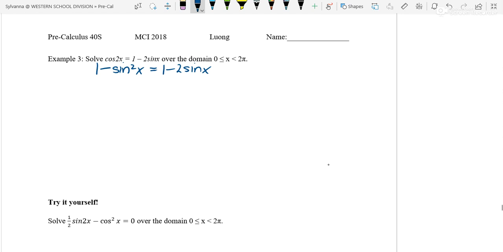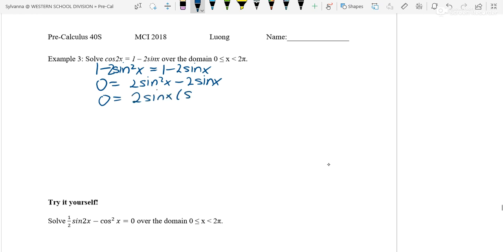Well, this is something I know how to solve from before. I'm going to move everything to one side, equal to 0, and then I will factor it. So this is the same thing as 0 is equal to, I think there's supposed to be a 2 at the front here that I missed, but it'll be 2 sine squared x minus 2 sine x, and then I can factor out 2 sine x.